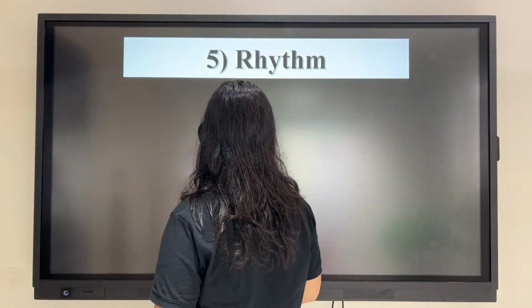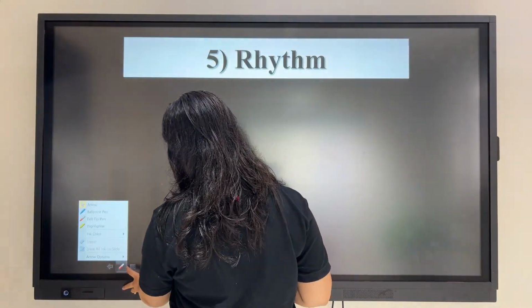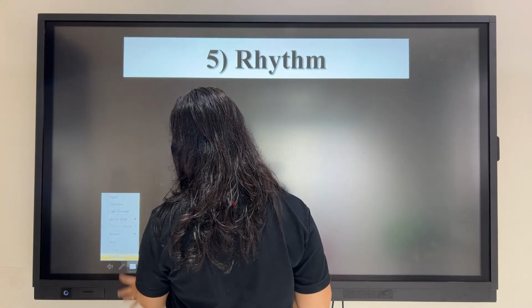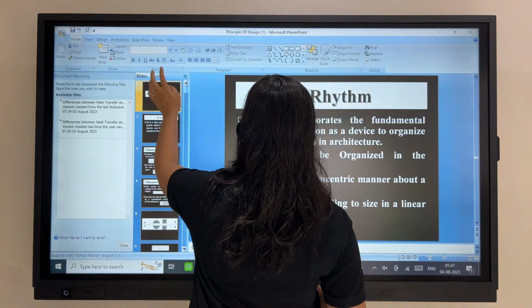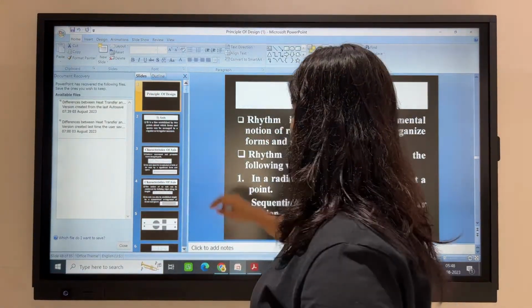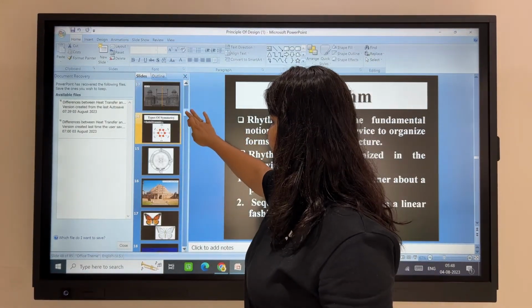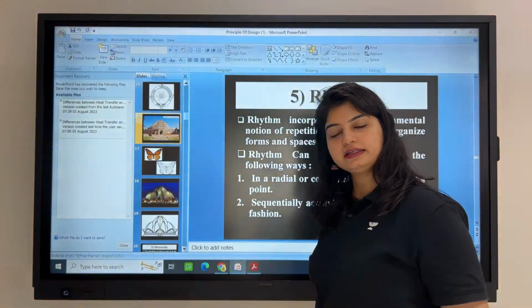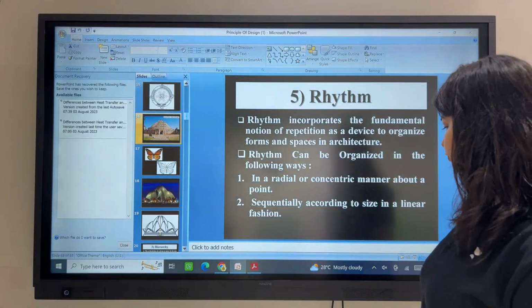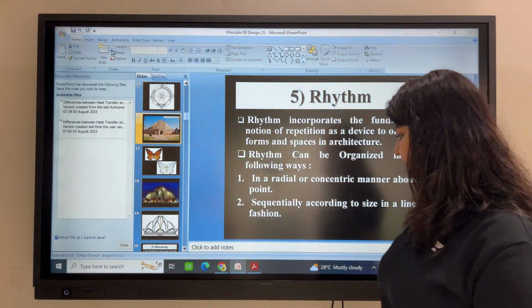Okay, so remember and come back. We'll have a revision next time and we'll proceed with rhythm next time, rhythm as a principle of design. Okay, axis was there, symmetry and hierarchy and datum. Got it? Four we did, the remaining we will continue next time.